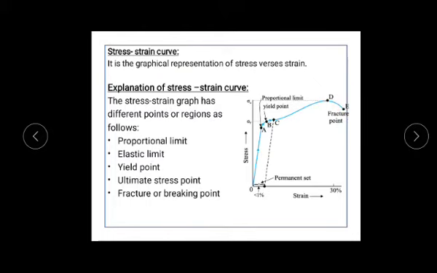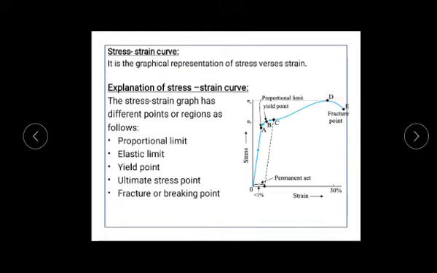Means if a wire or a material is elongated, then definitely that material will break. So it is called breaking point of the respective material. This part, that is D to E, is very important to identify the characteristic of a material.